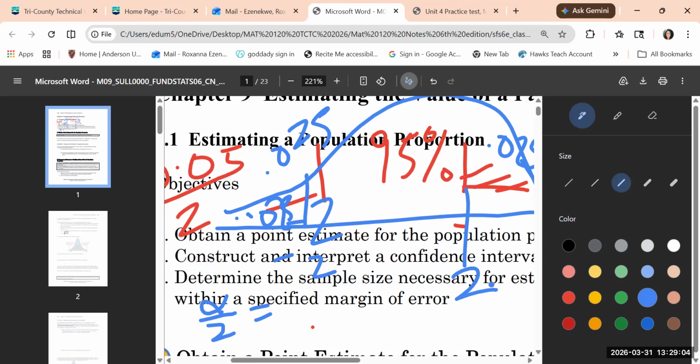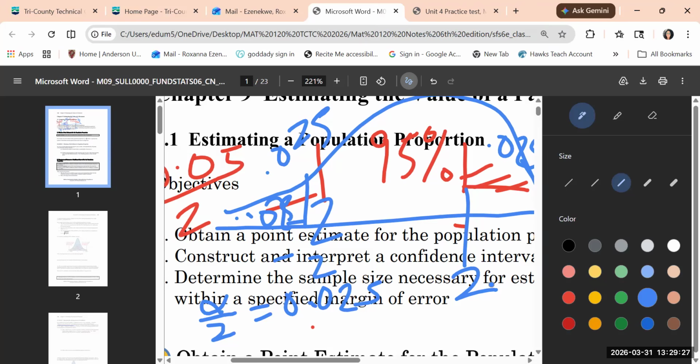So alpha over 2 is 0.025. Remember, all these are new names now. It's only new names because we already know all this stuff from unit 1, but now we're calling them new names. Alpha over 2, all right?